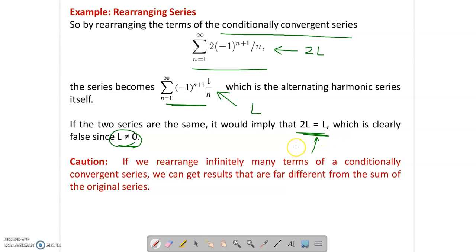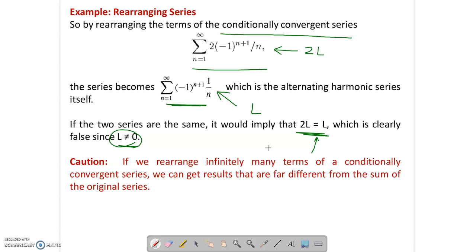So the thing here is that the rearrangement of terms changes the behavior of the series if the series is conditionally convergent. Rearrangement will not have any effect if the series is absolutely convergent. If we rearrange the terms of a conditionally convergent series, we can get results that are different from the actual sum of the original series.